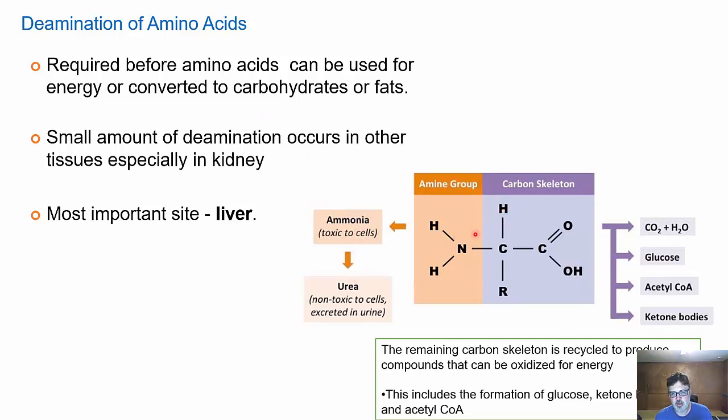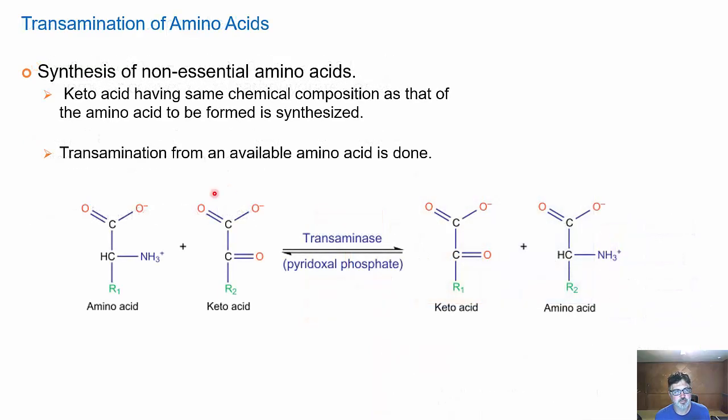As for the remaining carbon skeleton, these carbons, these oxygens, these R groups, they can either then be oxidized for energy, converted into glucose, acetyl-CoA, ketone bodies. They can be used in many other carbon reactions, if you would. And this does occur in some other tissues like the kidney, but the big site for deamination of your amino acids is our good friend, the liver.